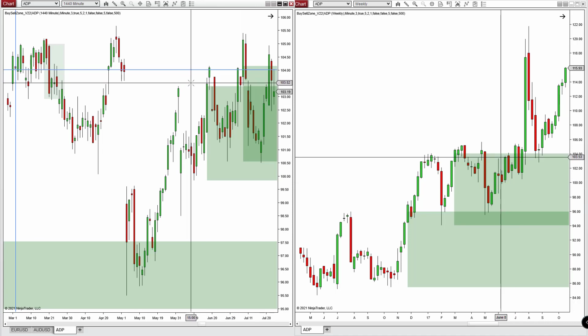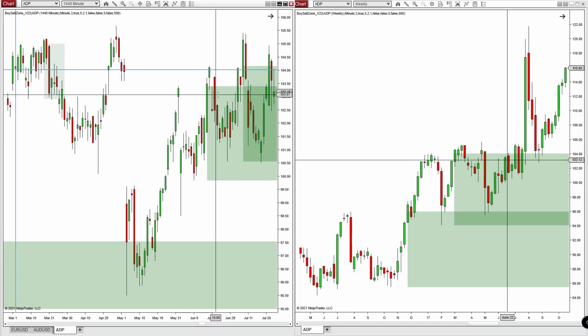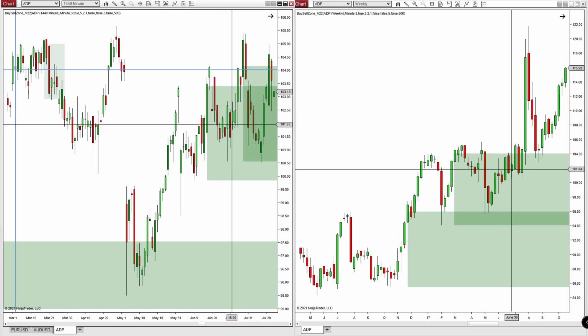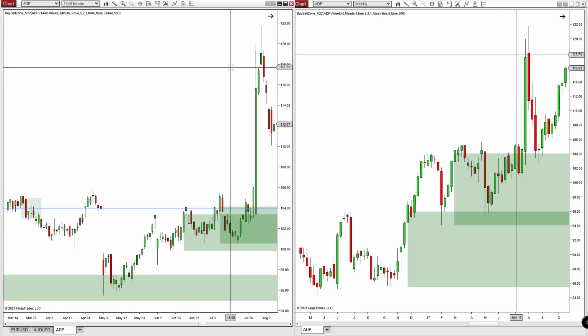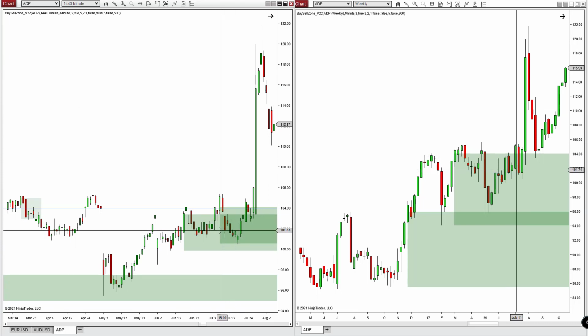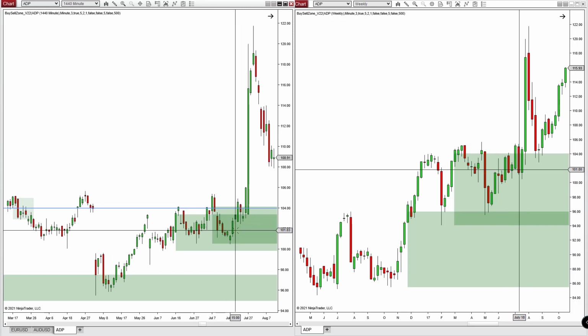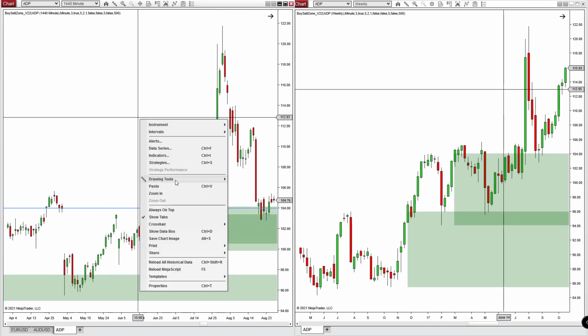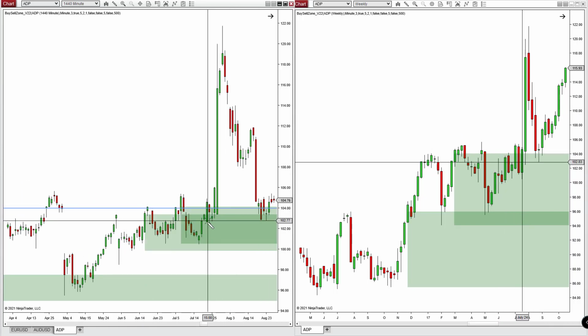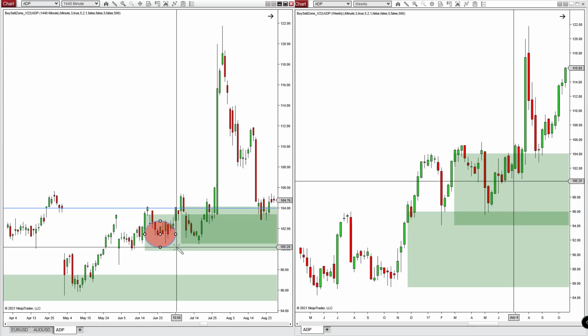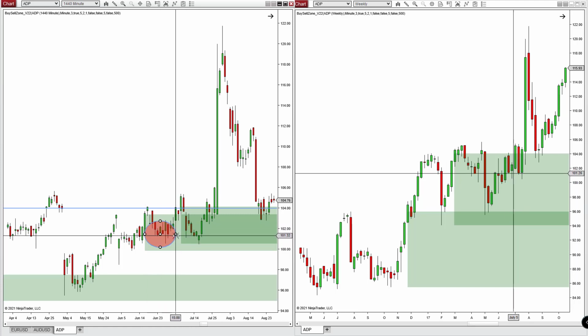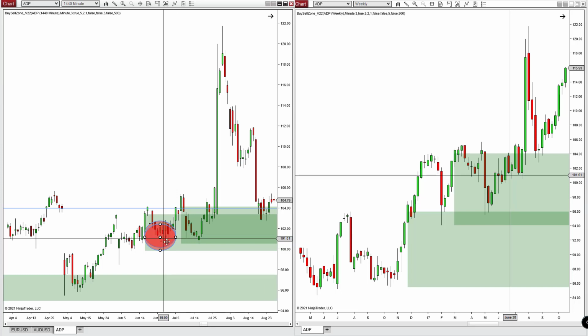I would be taking the first one, obviously, because it's the first one that would appear. So here we go. We have a zone right here. So this is where I'd be looking for a trade, and then I would again look for a trade. Let's just say that for whatever reason I get stopped out of this, I would look for another one. And holy cow, guys. I have a trade here, and then a trade here.